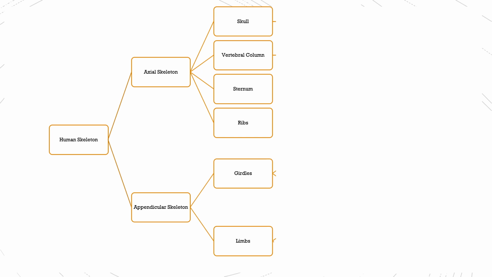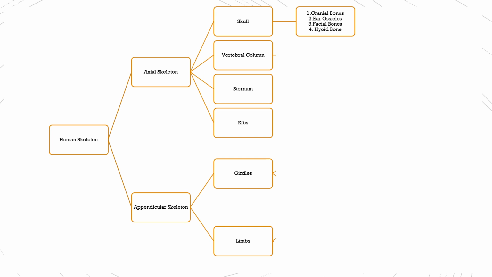And within the appendicular skeleton comes the girdles and the bones present in the limbs. The skull comprises bones like cranial bones, ear ossicles, facial bones, and the hyoid bone, which is the bone present in the base of the buccal cavity, also known as the tongue bone.